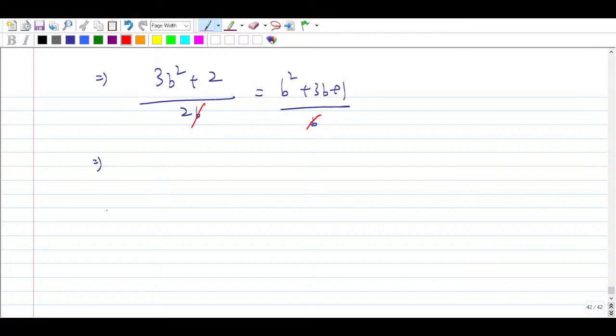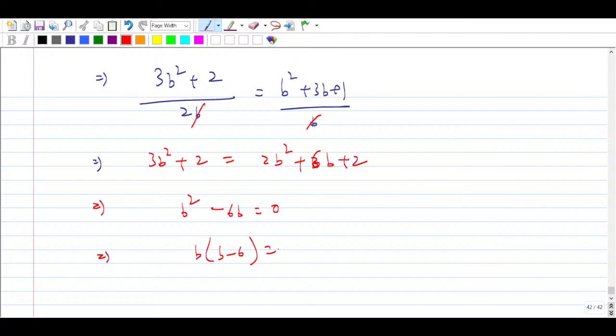Okay, so you will get 3b square plus 2 equal to 2b square plus 6 plus 2. 2 get cancelled again. You can say that b square minus 6b equal to 0, so b equal to 0 and b equal to 6.